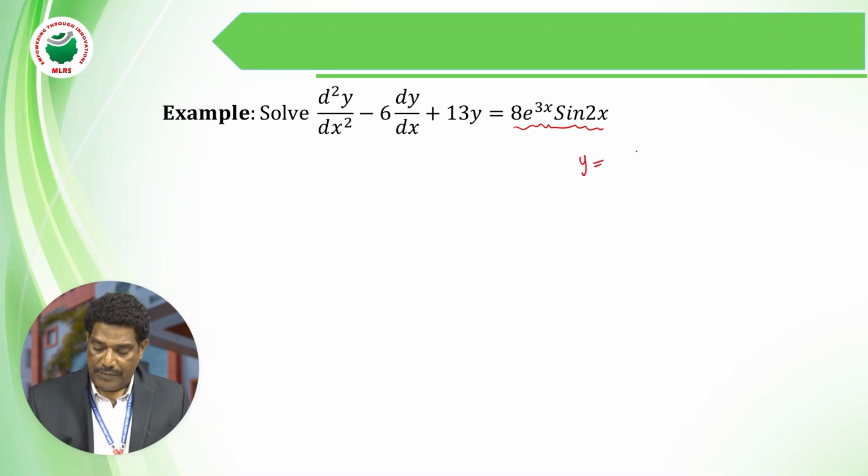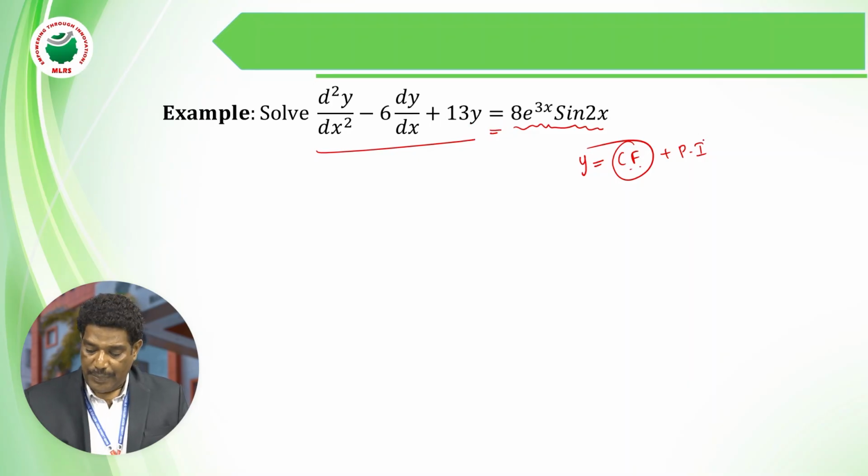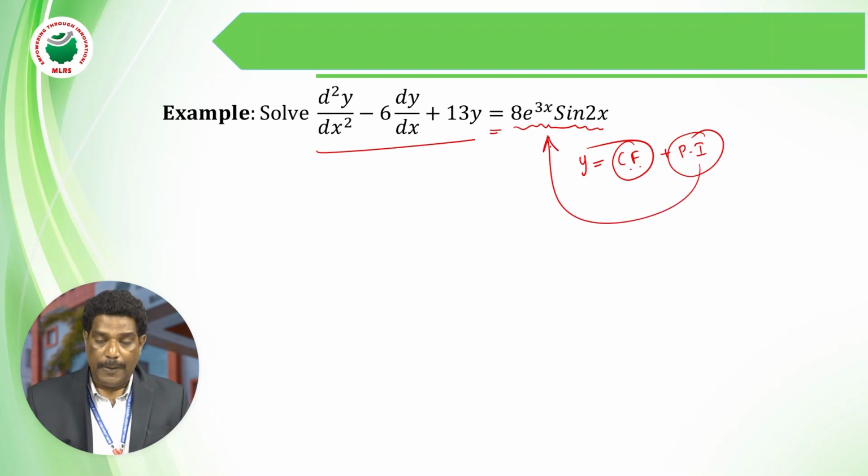The general solution is given by y equals CF plus PI, a complementary function plus particular integral. As already we know, the complementary function is to be found for the left side part of the differential equation, and PI, that is the particular integral, is to be found for the right side part of the differential equation.